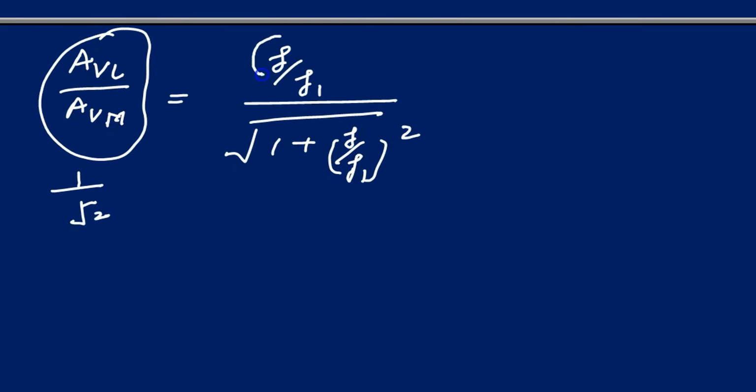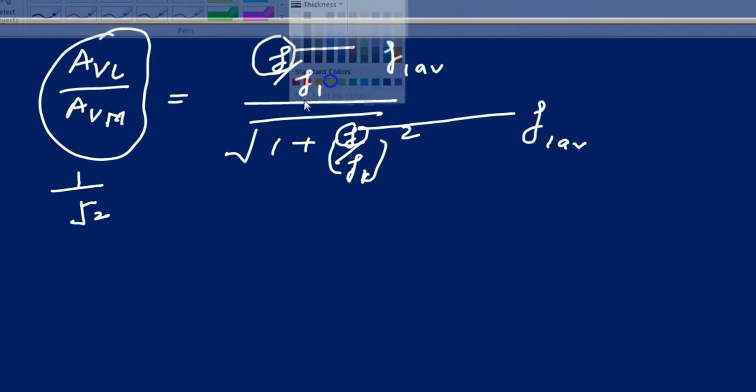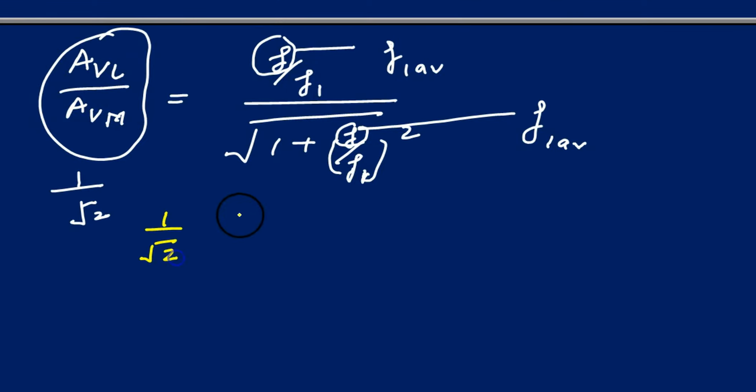So this is 1 over root 2. This F is called F1 average. But you know the whole is raised to the power n also, because we are using n stages.